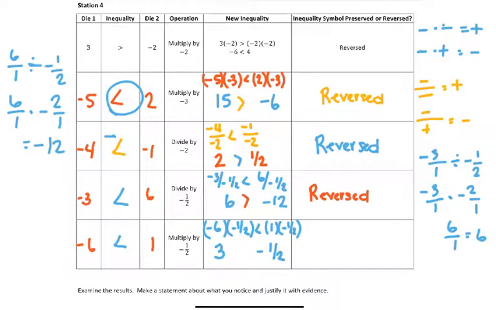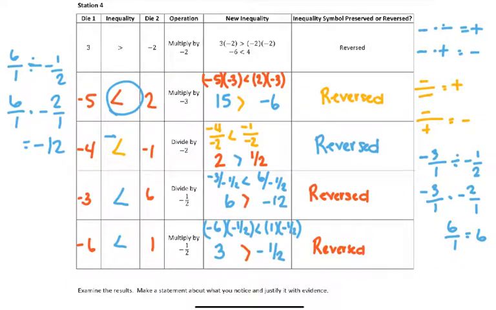Now we have to ask ourselves, is 3 still less than negative 1/2? And it's not. 3 is greater than negative 1/2. So I reversed my inequality. So let's look at this in total. Let's look at the property that we can say that this is. So what we are understanding is when we multiply or divide by a negative number, we have to change our inequality symbol.